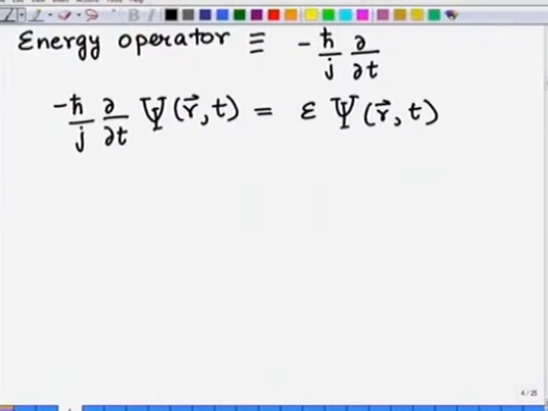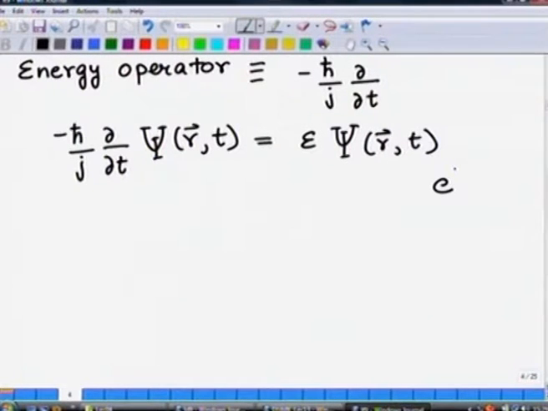And what does the energy mean? Go ahead, substitute in there this wave function. Remember, the time dependence is e to the power j omega t, so this is equal to phi r e to the power j omega t. What would you find? You will find that energy would simply be equal to h bar omega.